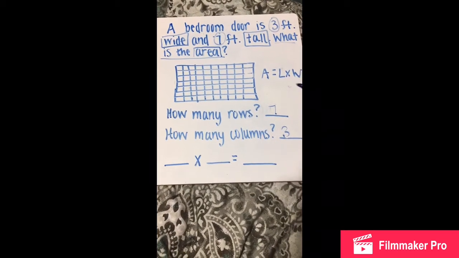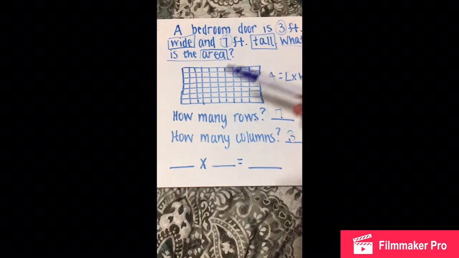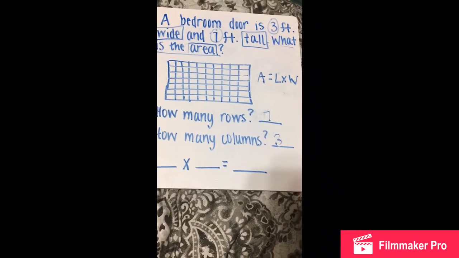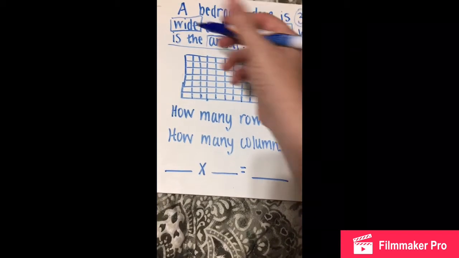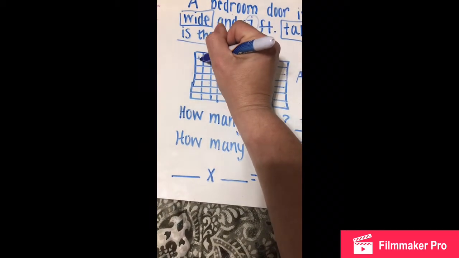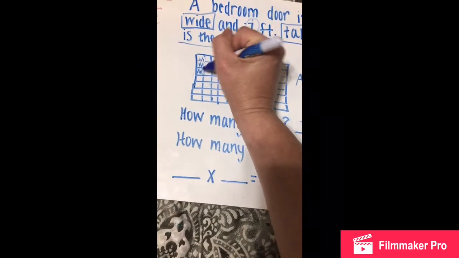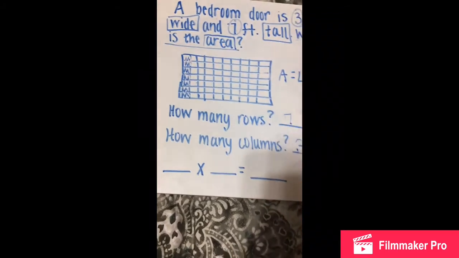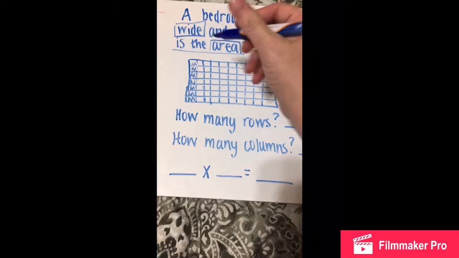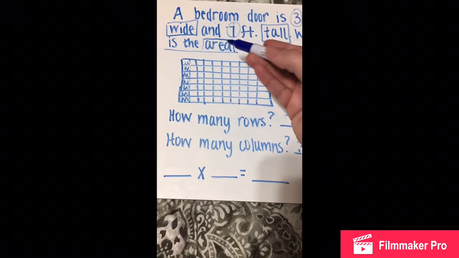So now that I've filled in how many rows and how many columns, I can go fill in my array. So I'm going to go down 7 because that's how long it is. And I'm going to go across 3 columns because that's how wide it is.